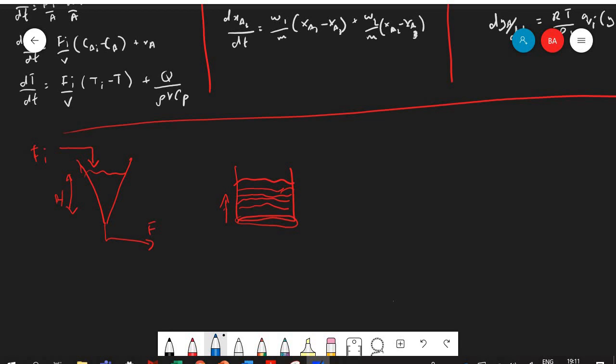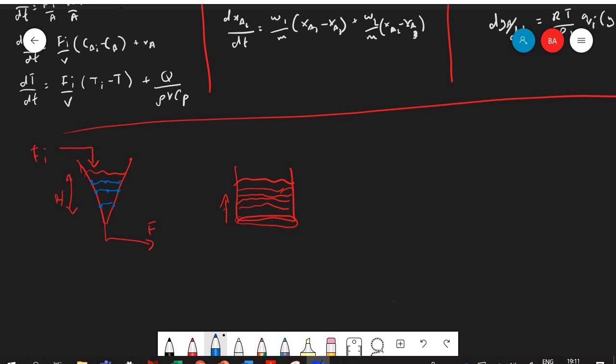Whereas here, if the height is here, the radius is from this point to that point, and if the height is here, the diameter is from this point. What I'm trying to say is that the radius is becoming different, and actually it's increasing every time the level is increasing, which means that here the area is different from the case of a normal tank.